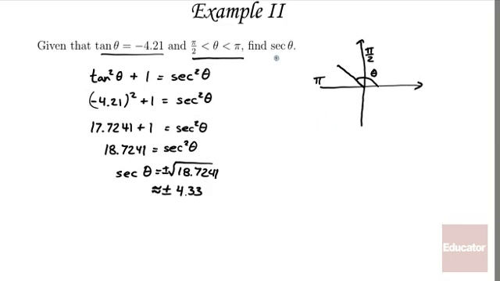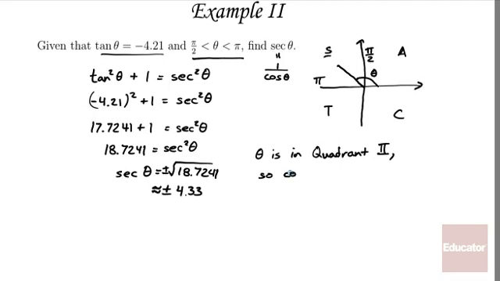Now secant theta, remember, is 1 over cosine theta. In the second quadrant, if you remember, all students take calculus, sine is positive, but cosine is not. So cosine is negative, and that means that secant theta is negative. Theta is in quadrant 2, so cosine of theta is negative.